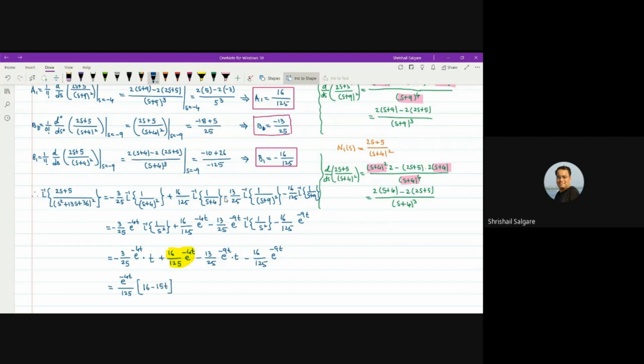In the same manner both are negative. Suppose here I take e to the power minus 9t divided by 125, then both terms are positive. 16 plus 65t, and that is the required answer.